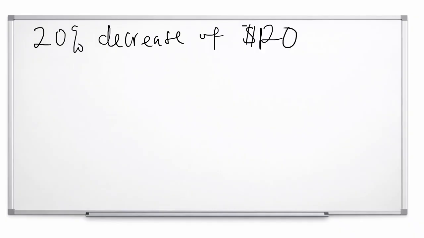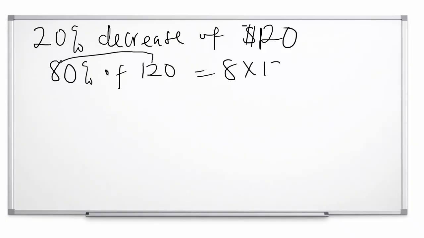Here we can say this is the same thing as saying 80% of 120. 80 is 100 minus 20. So just multiply 8 by 12. And that is going to give you $96.